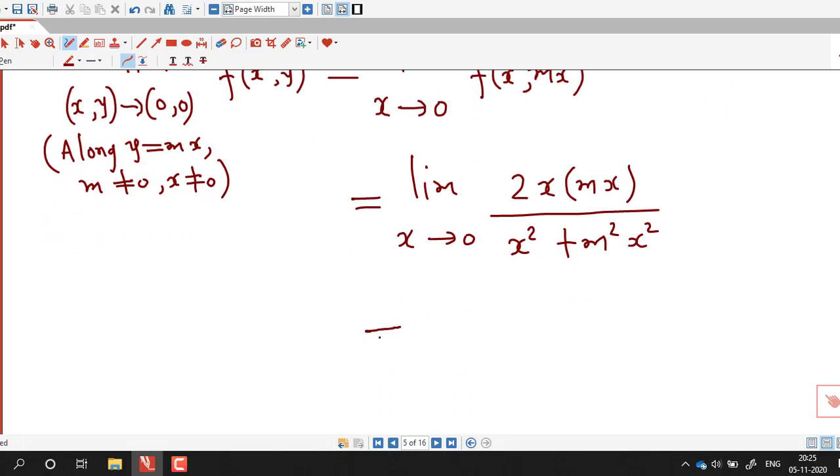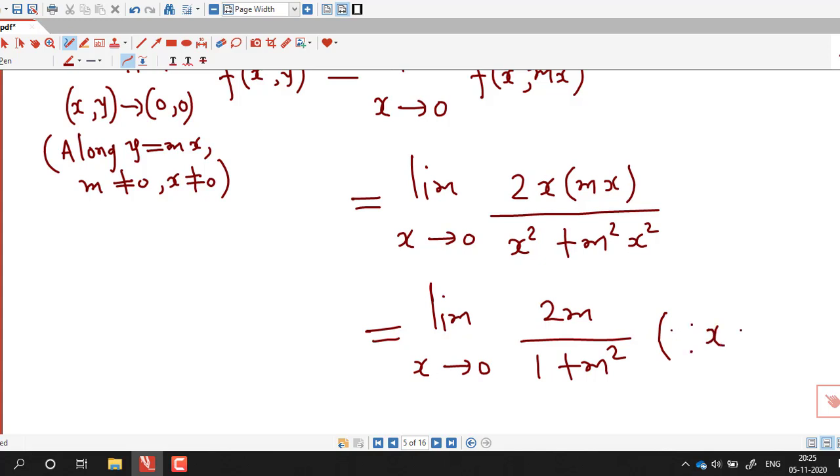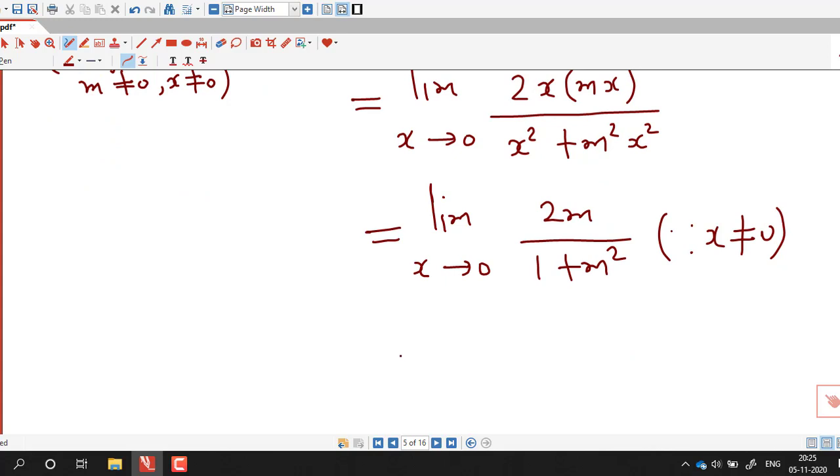And you can see we can cancel out x square from the numerator as well as denominator, because x is non-zero. So this is equal to 2m over 1 plus m square.